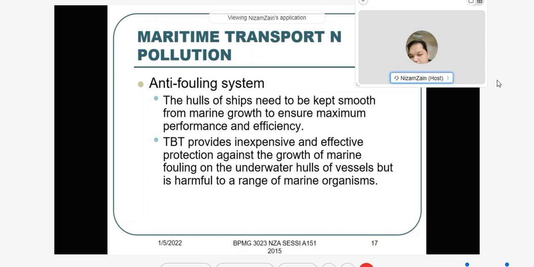So what happens when the rainfall is hard and high volume? It will affect the people staying below the hills.